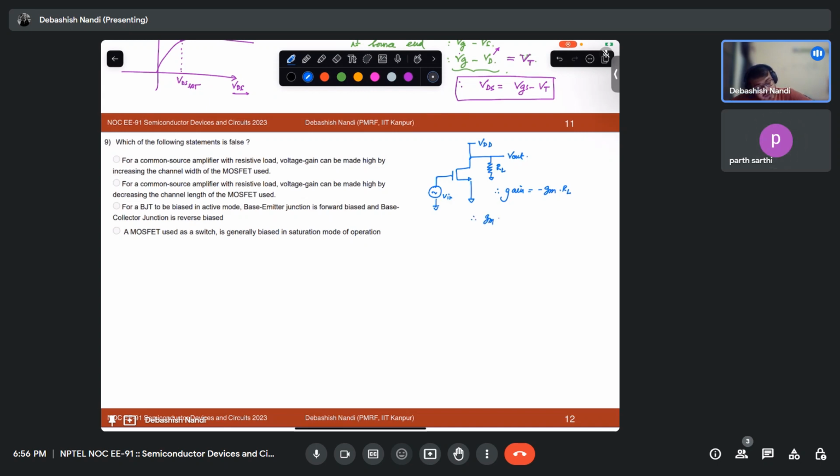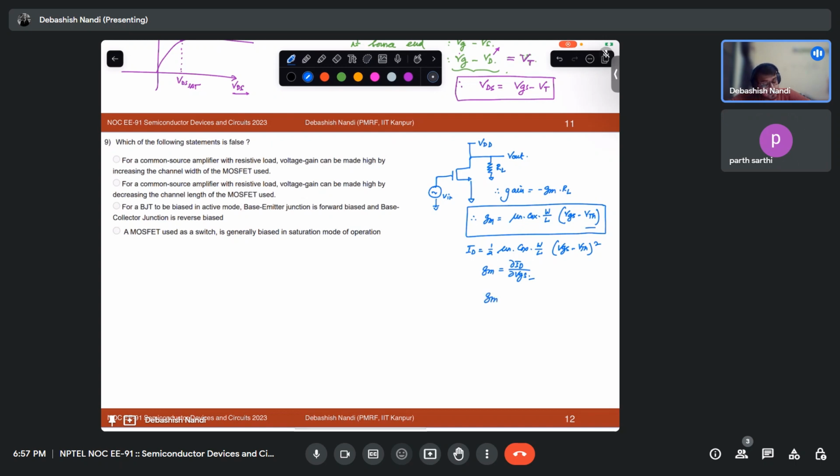So gm is what? We know that gm is mu n Cox W by L (VGS minus VTH). We know that ID equals half mu n Cox W by L (VGS minus VTH) whole square. gm is equal to dID by dVG, right? So that is where this comes from.